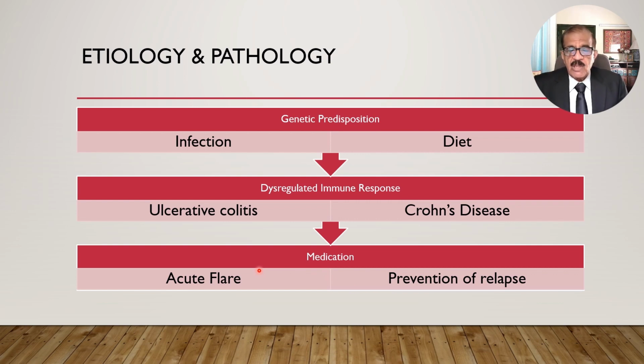We don't have curative treatment because we don't know exactly what causes this condition. So after achieving remission, we try to maintain that remission by giving continuous medication. So I hope this slide will give you an overall concept about the pathology and etiology of this disease.